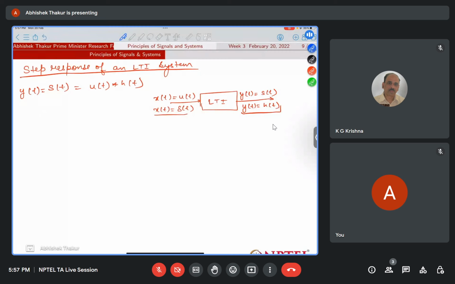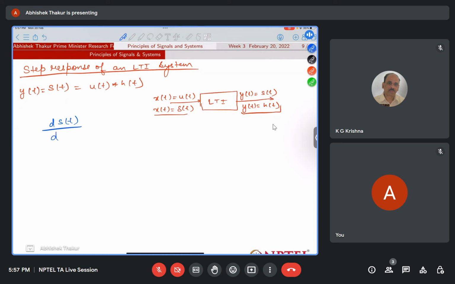We can take some questions directly on this. Before that, we can see some of the things like how to convert from the step response to the impulse response. We have already seen that the derivative of a step response is the impulse response.